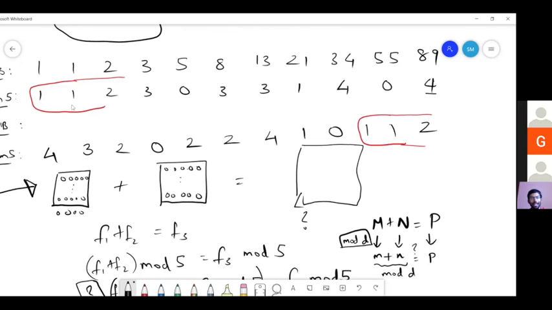So it is a mini Fibonacci sequence from 0 to 4. And I have marked this 1, 1, 2 in the beginning and 1, 1, 2 here in the end.